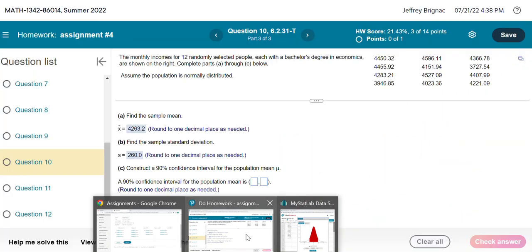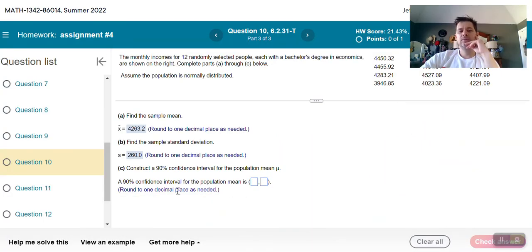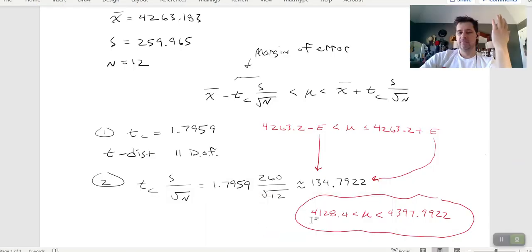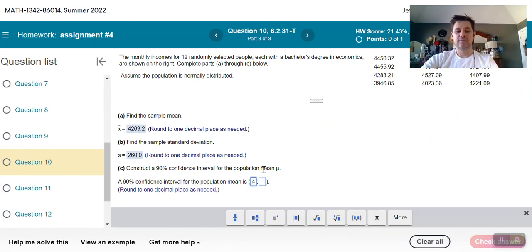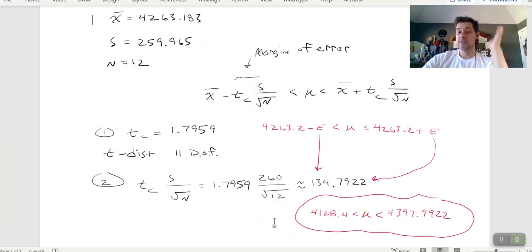Now, as far as my MyMathLab goes, what did it say? Round to 1 decimal place? Well, let me put that in, just to show you. 4128.4. When I wrote that down, I did round that to 1 decimal place because I thought that's what it said. And then that number on the high end, it also says to round to 1 decimal place, but with 4397.99, I'm going to round that up, and it'll become a 0, and I'm going to round this up, and it'll become an 8.